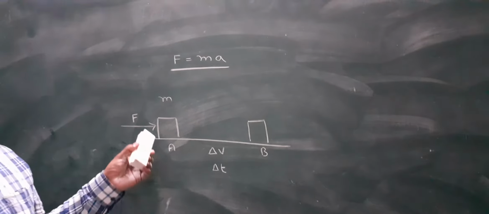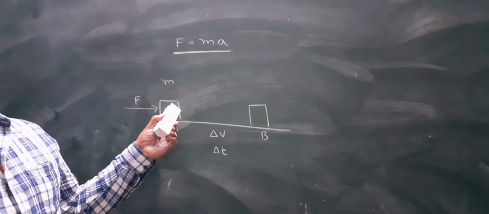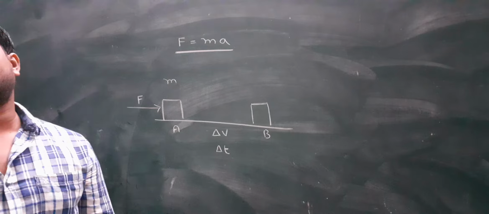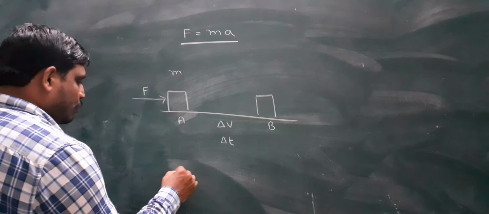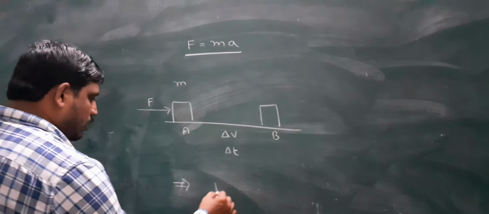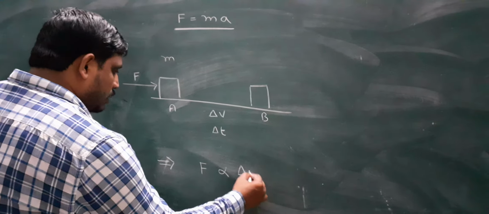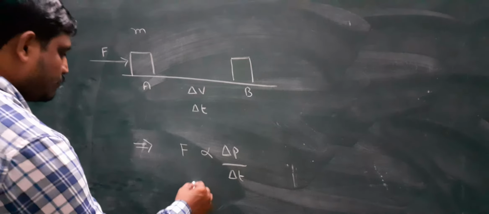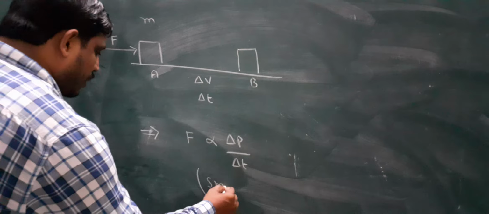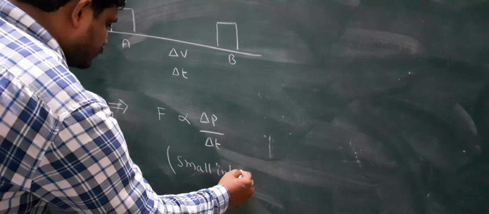Let F be the force acting on the body, with change in velocity delta V in a time delta T. We know from Newton's second law that F is directly proportional to delta P by delta T. Here the condition is a small interval of time, simply the time difference from A to B is very small.